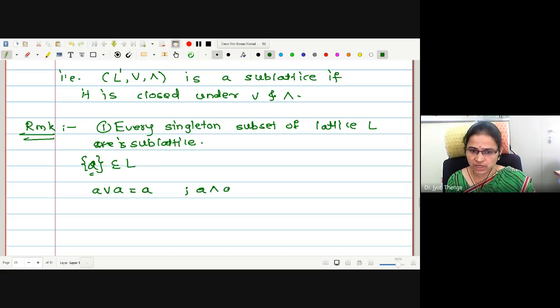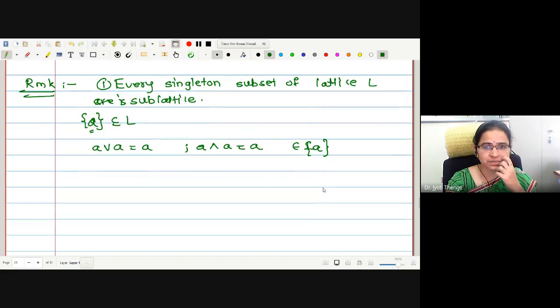Similarly, a meet a is a, and both are in the corresponding singleton. That's why every singleton subset of a lattice must be a sublattice. This may be a question for your objective: is every singleton subset of a lattice a sublattice or not? Also, one can write every sublattice is a lattice.